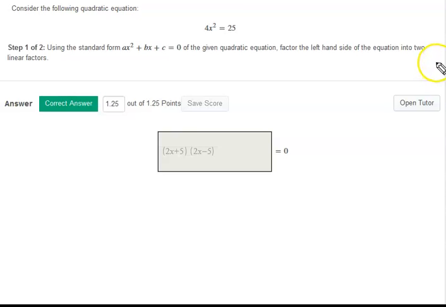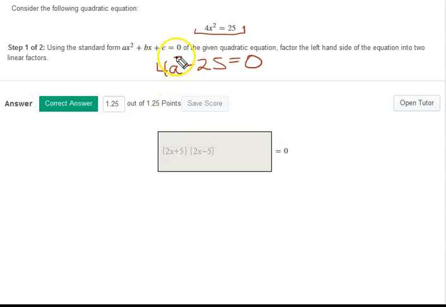Now, in this example, they want you to put this into standard form. So that would be 4a squared, transpose the 25, and now they want you to factor the left side. Do you recognize anything here?